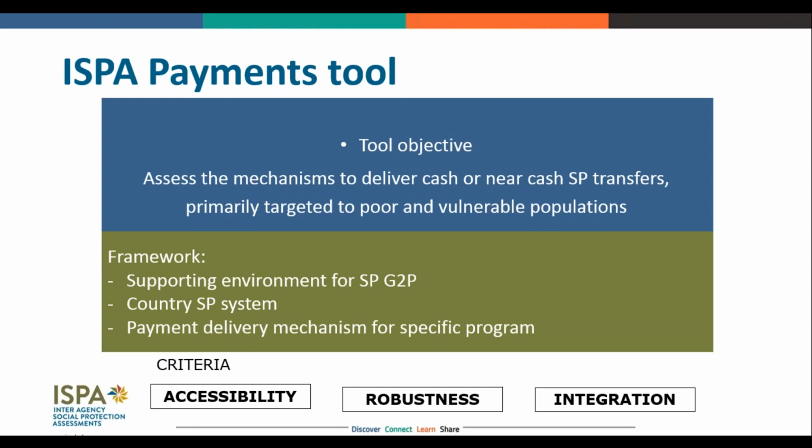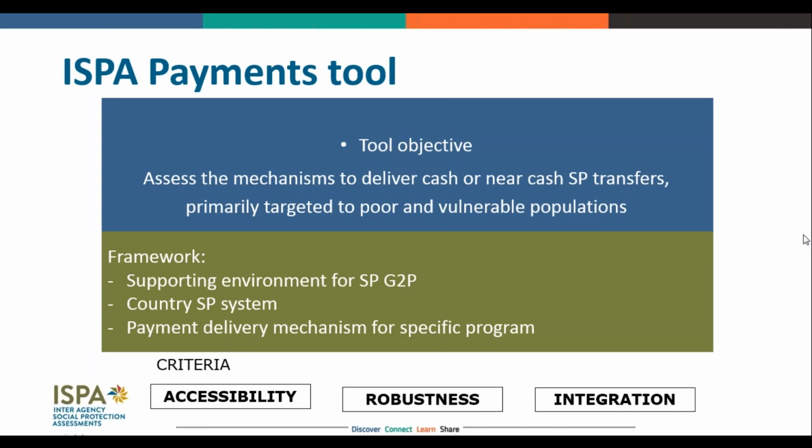There are 3 frameworks which are applied in a country assessment, and the guidance note, which you can find at www.ispatools.org, will talk you through those. So I'm just going to highlight those three matrices that are used. The first is the supporting environment for social protection payments.